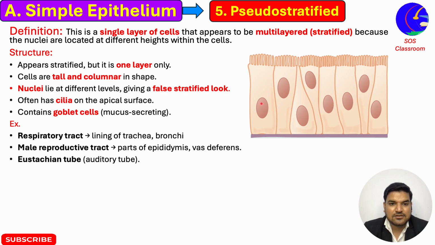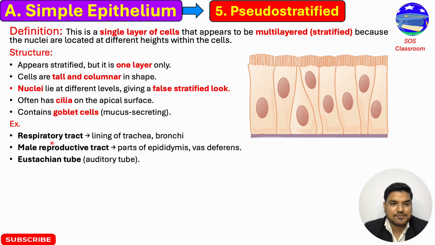You can see in this cell the nucleus is present at the base, and in this one the nucleus is on this side and this side. So the nuclei are at different heights within the cells. It looks stratified, but it is a single layer of cells. So this is called simple epithelium, and that is called pseudostratified.